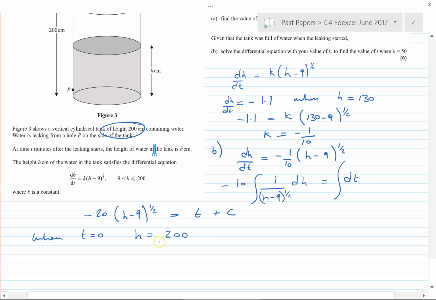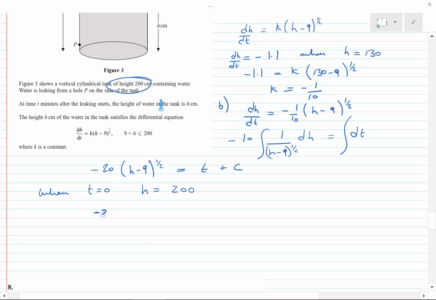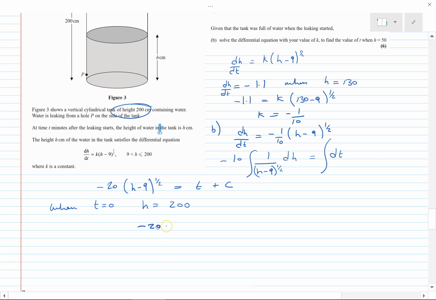So that gives us minus 20 the square root of 191, sorry, minus 20 times 191 to the power half, is equal to 0 plus c.